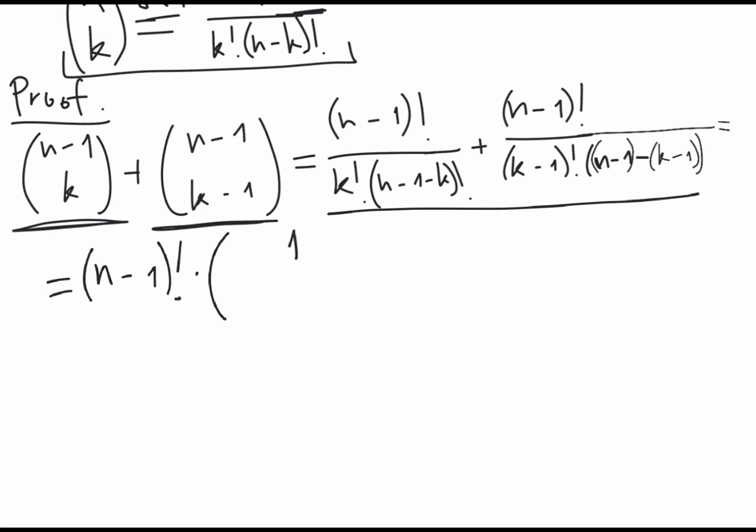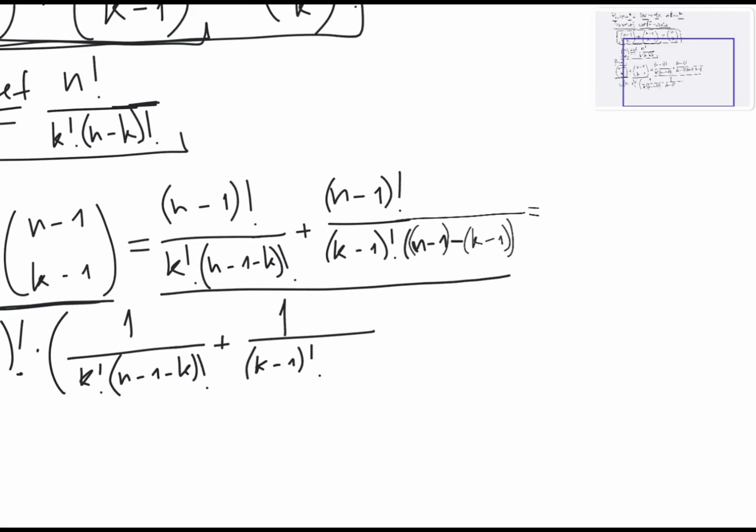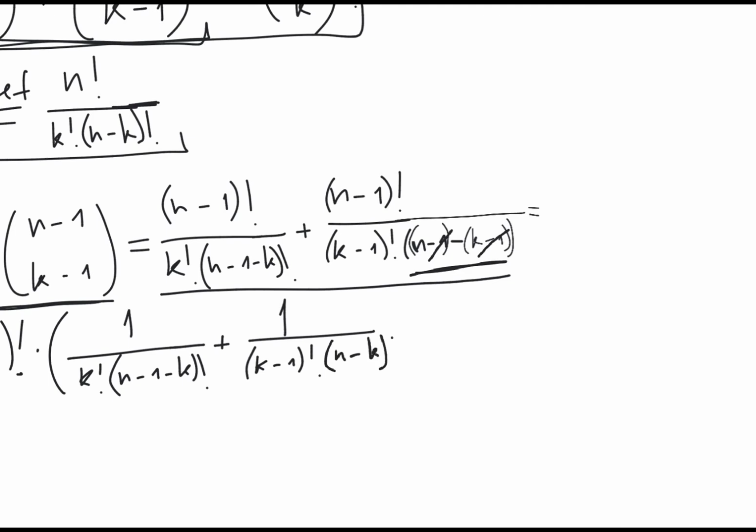So 1 over k factorial (n minus 1 minus k) factorial plus 1 over (k minus 1) factorial, and here we just simplify. So n minus 1 minus (k minus 1), basically minus 1 and plus 1 cancel each other, and what remains is (n minus k) factorial.